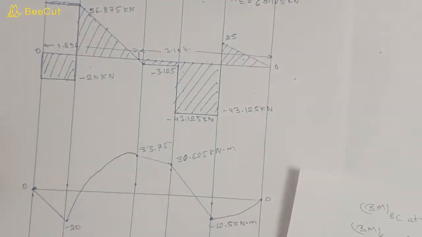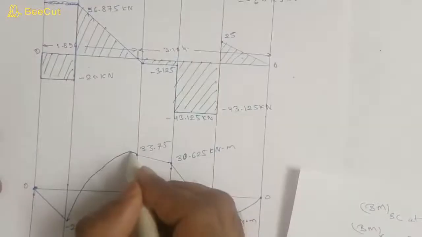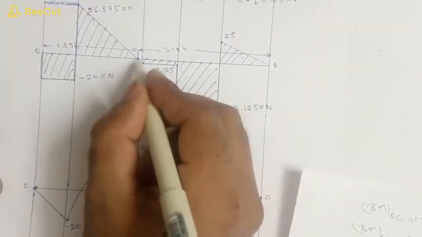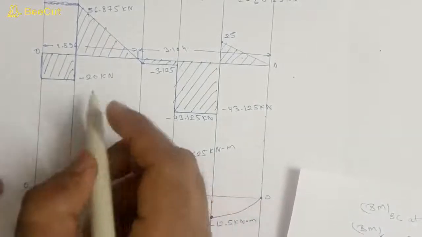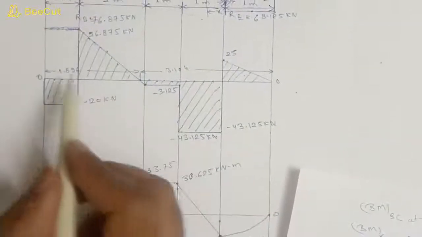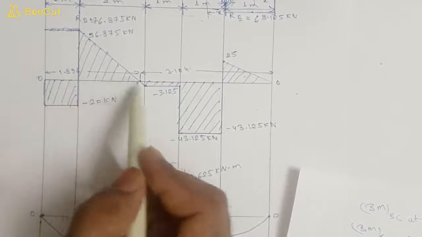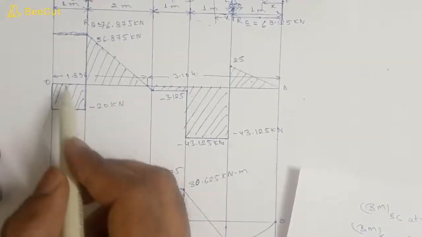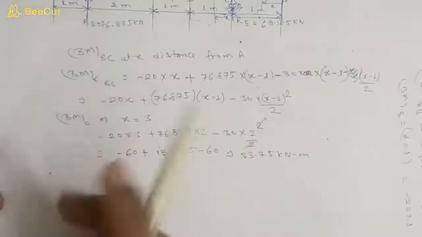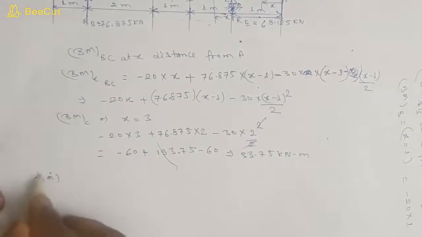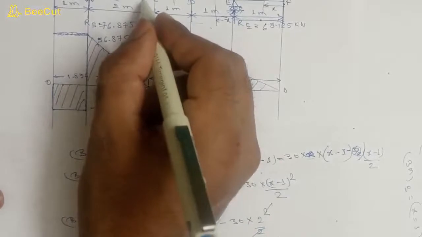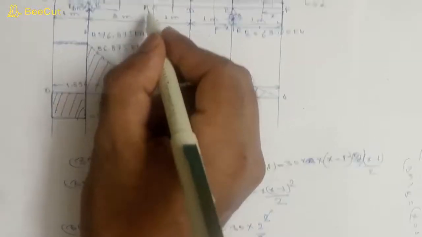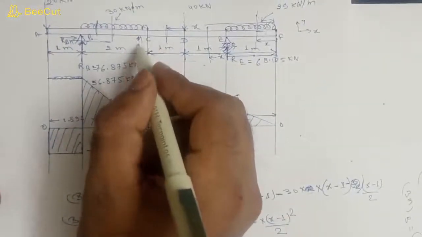Now we have to calculate bending moment at these points also, because shear force is 0 here, so bending moment will be maximum here. So we will calculate bending moment at distance 1.896 meter from A. Suppose this is section M, where bending moment is maximum.